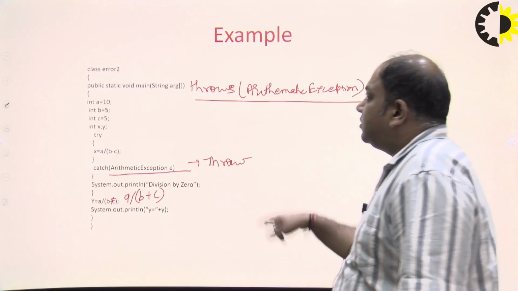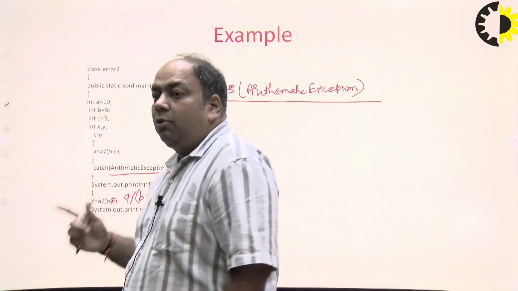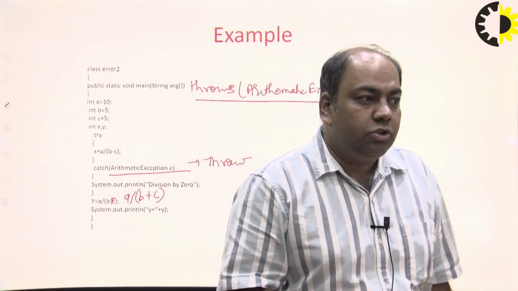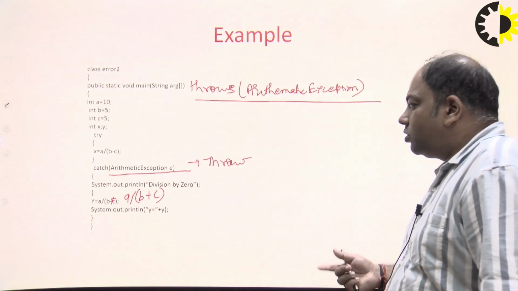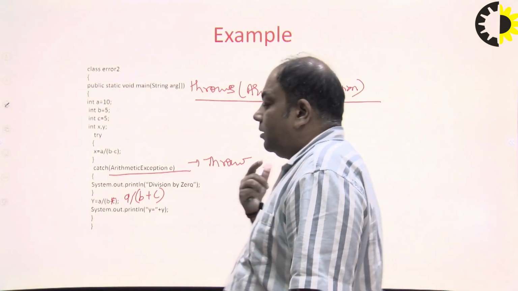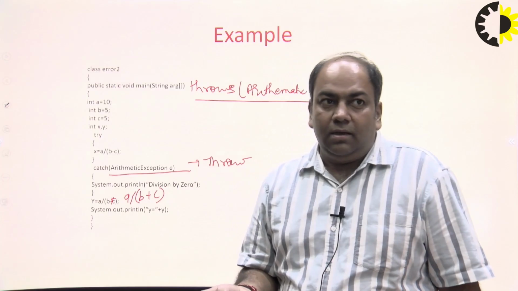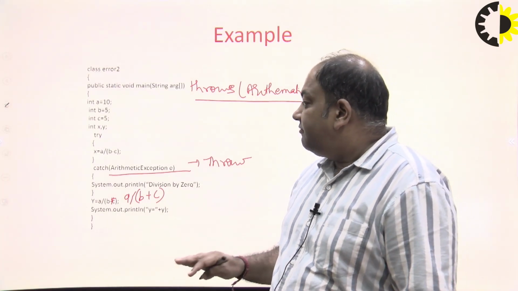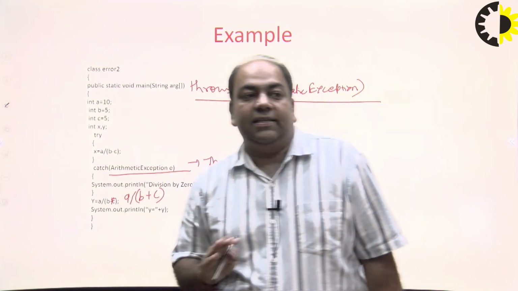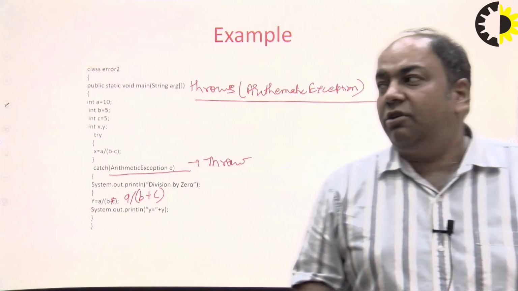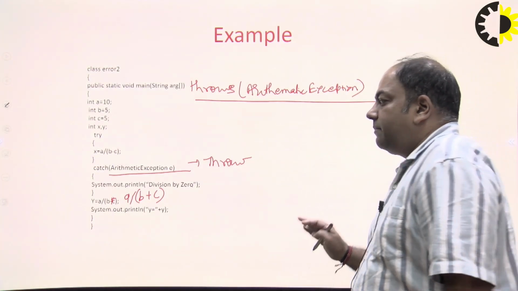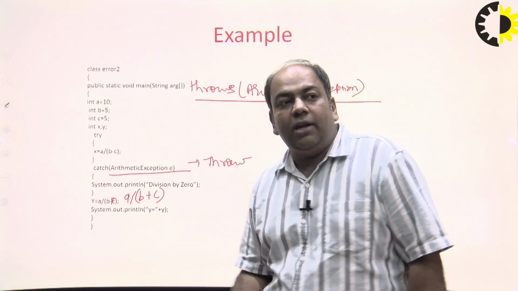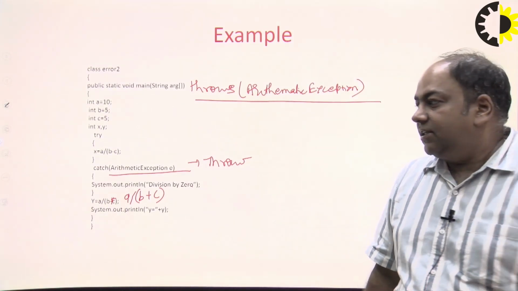But after using exception handling, the program can execute and show the output even after the existence of that exception. So it is the advantage of exception handling that our program will show an output even if it has an exception.